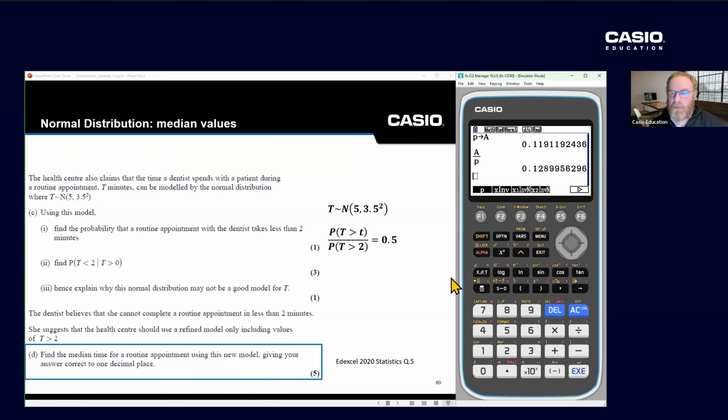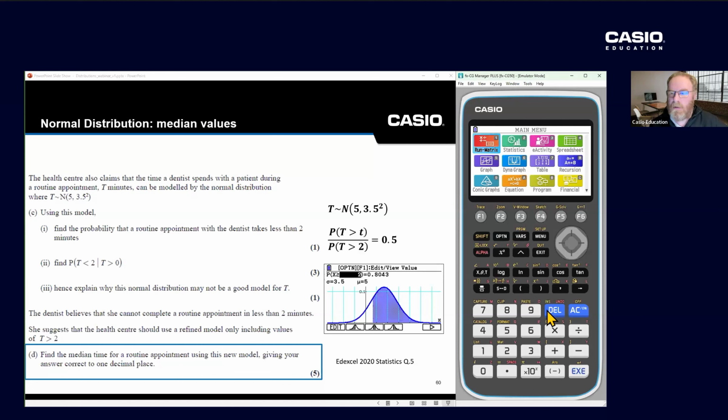Okay, so what we can do, if we go back to distribution, okay, what we want to do is calculate a right-hand probability where it's greater than 2. If we do that, there we have approximately 0.8. Okay, so that's the denominator of my fraction.